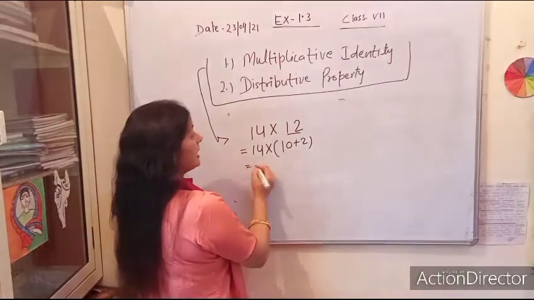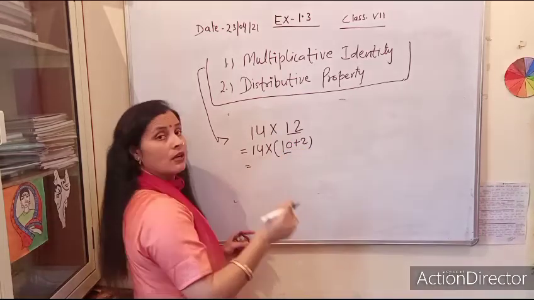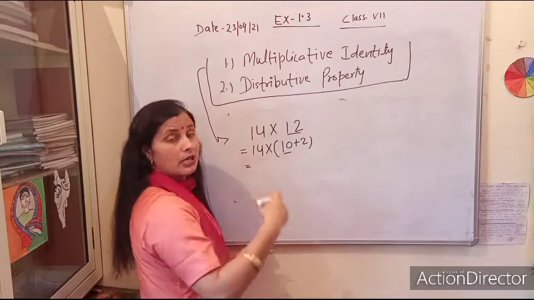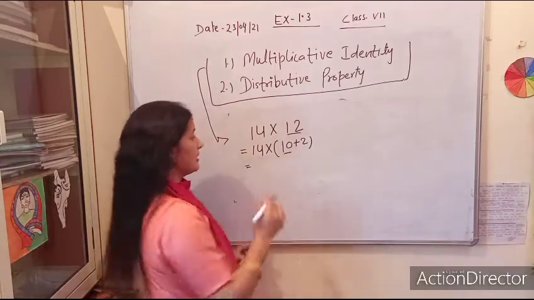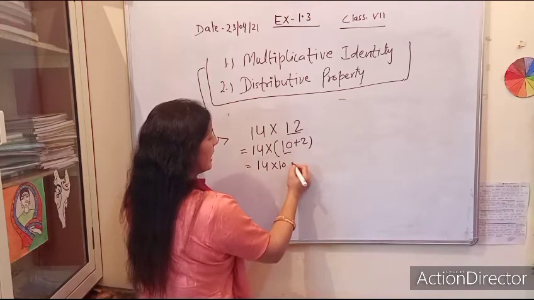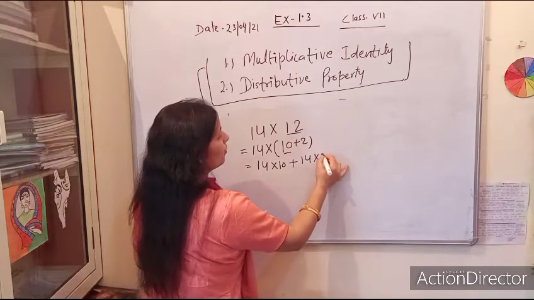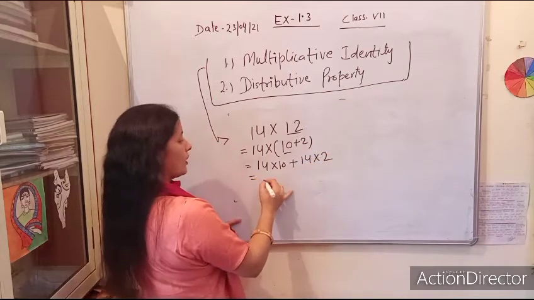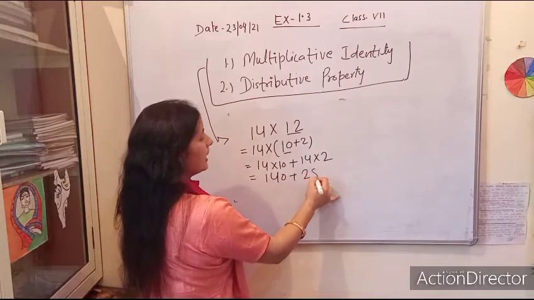You can see here we can write 12 in this way because multiplication by tens is easy. So I can write 14 into 10, then plus 14 into 2. So 14 tens are 140 and 14 twos are 28.